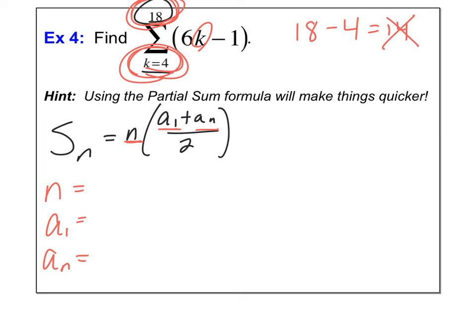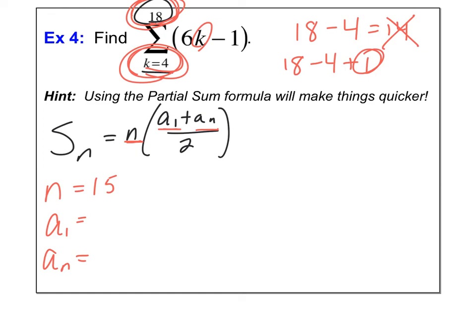So subtract the top minus the bottom, but then you have to add 1 back to it. So 18 minus 4 is 14, and 14 plus 1 is 15. That's like the single digits, 0 through 9. You say that's 9, but if you count from 0 to 9, you would be moving 10 places. So here we are, n equals 15.